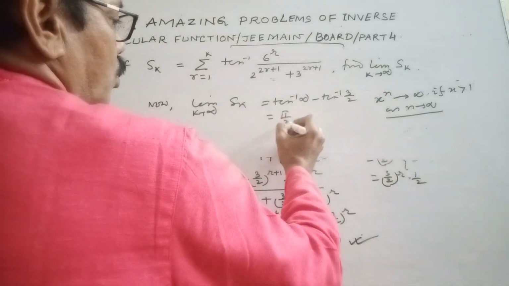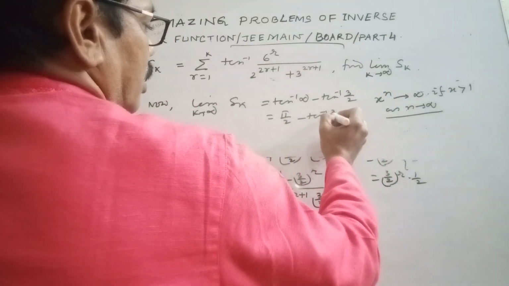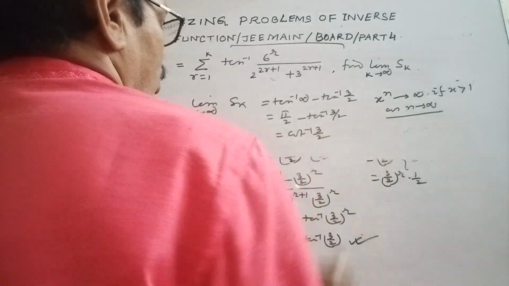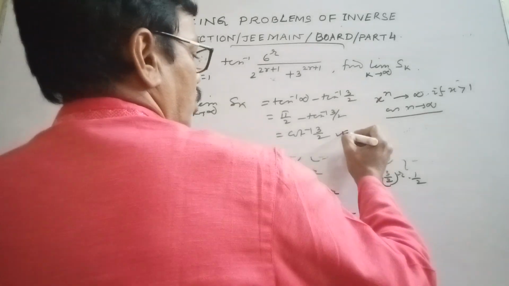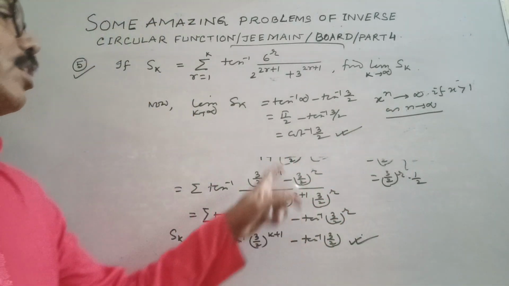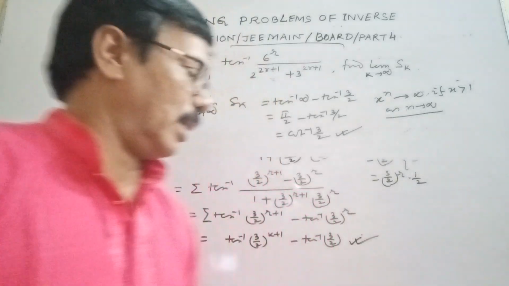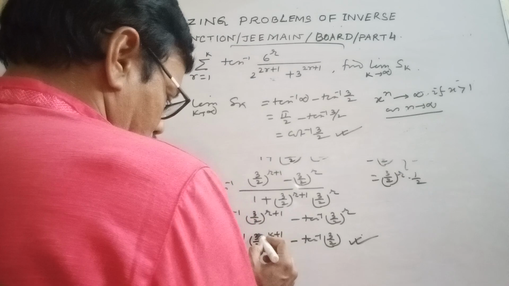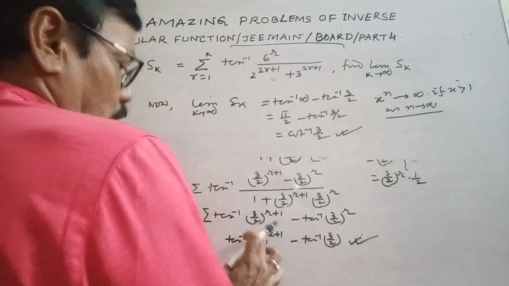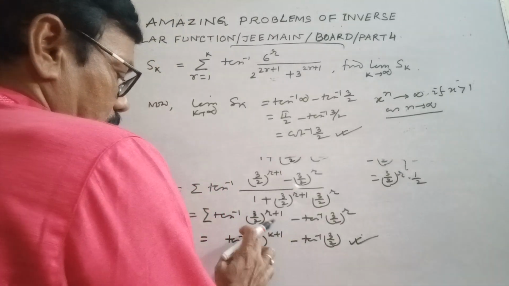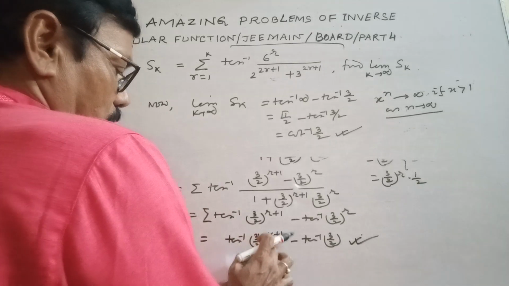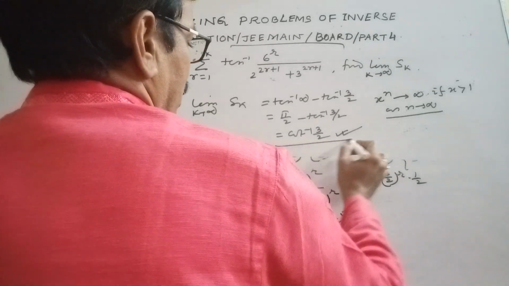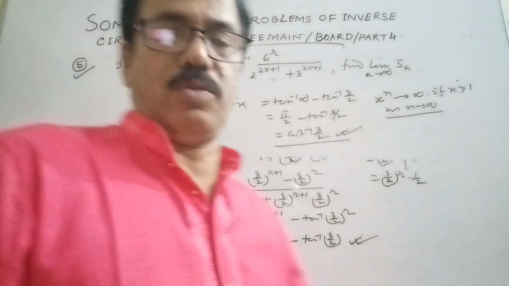So this is pi by 2 minus tan inverse 3 by 2, that is cot inverse 3 by 2. So cot inverse 3 by 2 is the final answer, or you can write it as tan inverse 2 by 3. Now this step is to be noted. Why is it infinity? 3 by 2 is greater than 1. So as k tends to infinity, (3 by 2) to the power infinity is infinity. So the final answer is cot inverse 3 by 2.